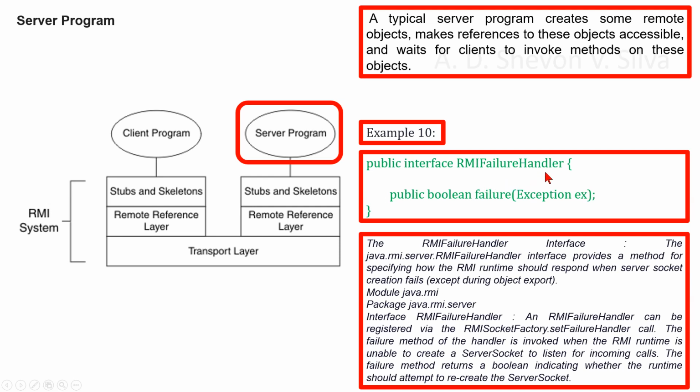An RMI failure handler can be registered via the RMISocketFactory.setFailureHandler call. The failure method of the handler is invoked when the RMI runtime is unable to create the server socket to listen for incoming calls. The failure method returns a boolean indicating whether the runtime should attempt to recreate the server socket.